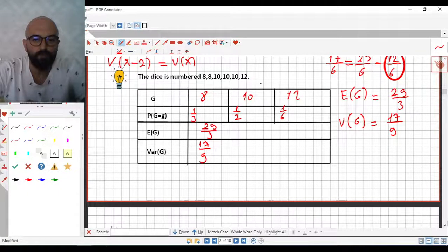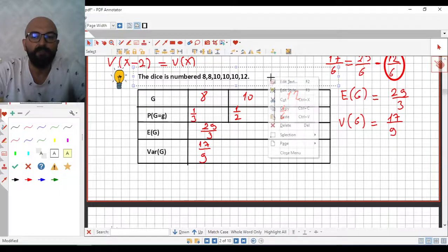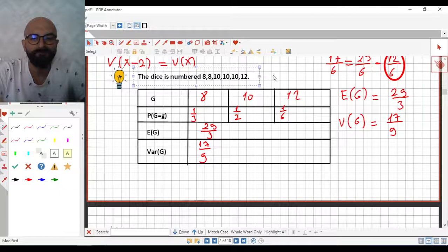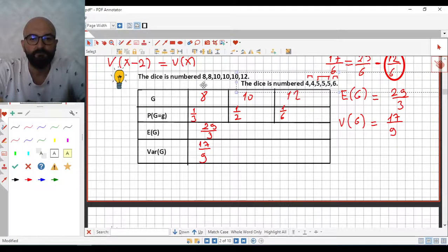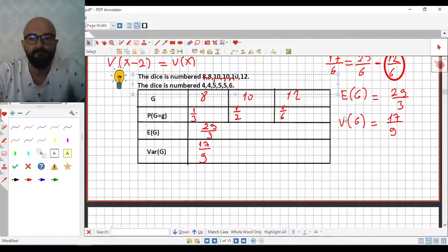Please remember that in the first example, our values are 4, 4, 5, 5, 5, 6.